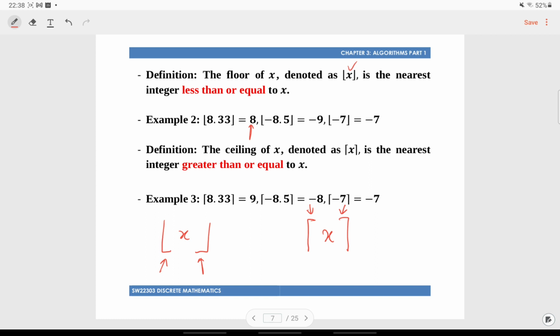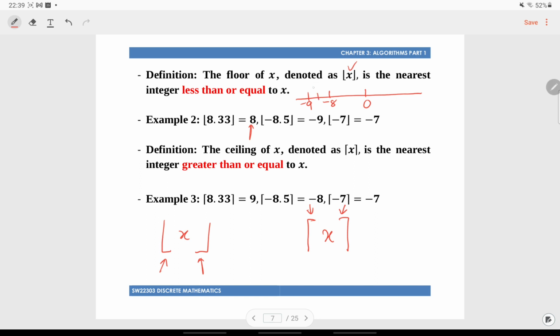So how about the floor of negative 8.5? In the real number line, this is 0, so we have negative 8 and negative 9. The floor of negative 8.5 is the nearest integer less than or equal to negative 8.5.